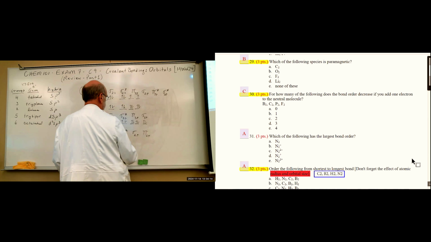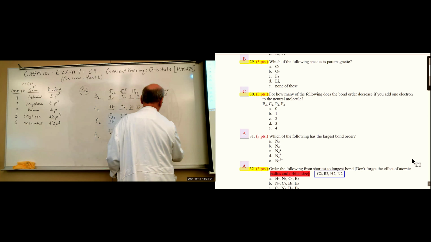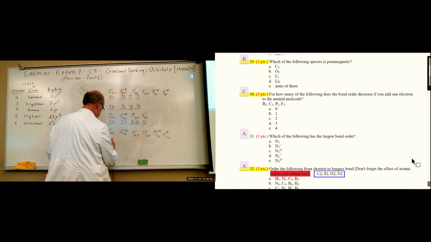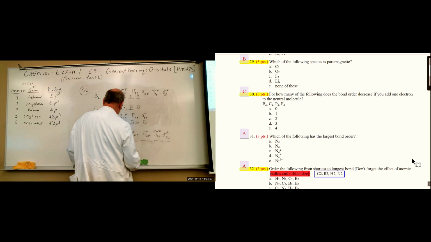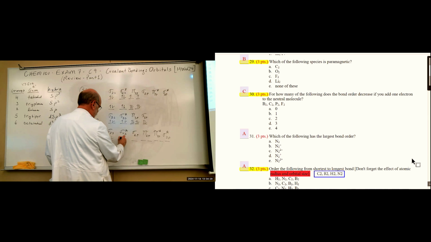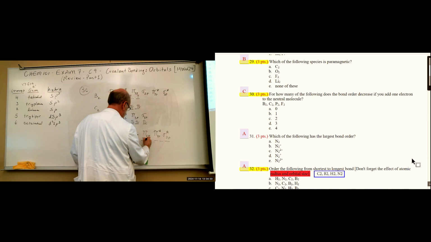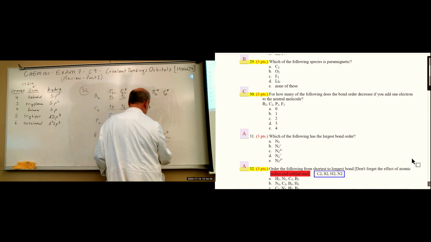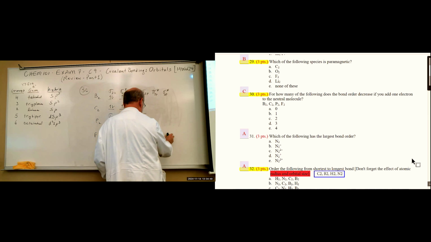Phosphorus has 14. Okay. So 2, 4, 6, 7, 8, 9, 10, 11, 12, 13, 14. You don't need this one.